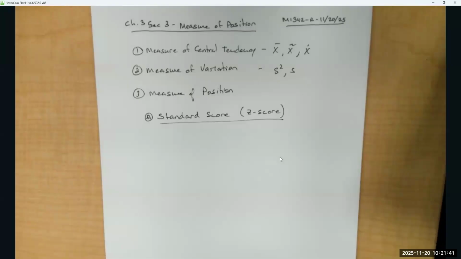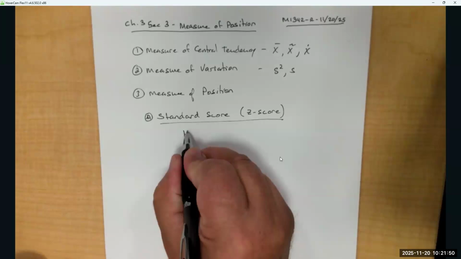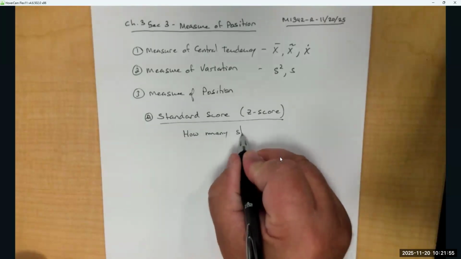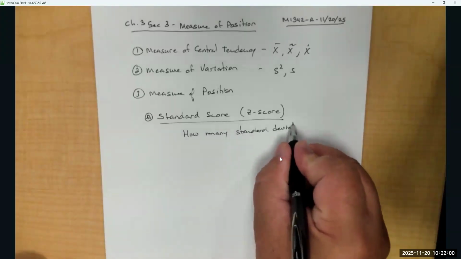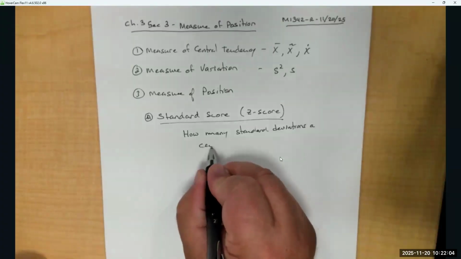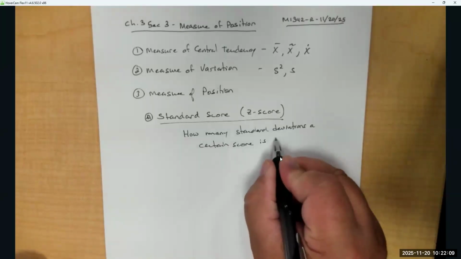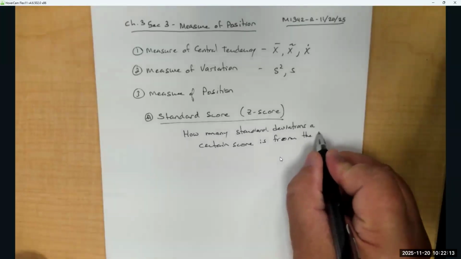The standard score tells us how many standard deviations a certain score is from the mean, like we just talked about.